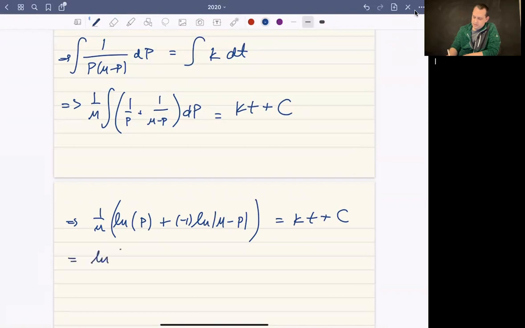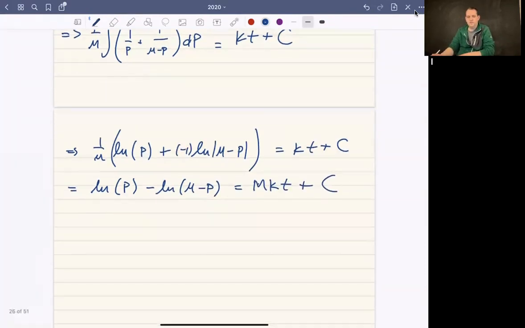And so this will be the natural log of p minus the natural log of m minus p equals mkt plus c. Okay, and then finally we can solve for p by combining the logs on the left and exponentiating both sides.